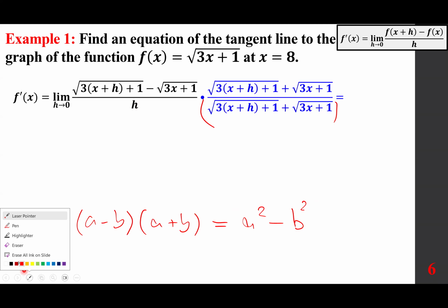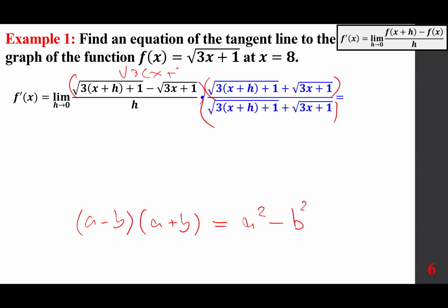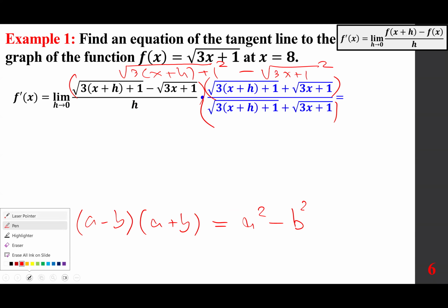In other words, the product of these two becomes the square root of 3 times x plus h plus 1 quantity squared minus the square root of 3x plus 1 quantity squared, which means you write the denominator as a product and you don't distribute.